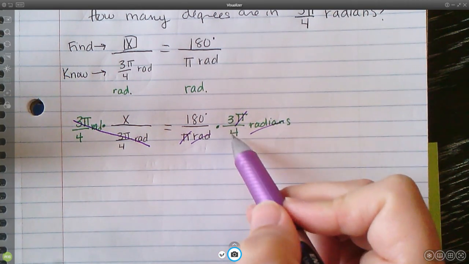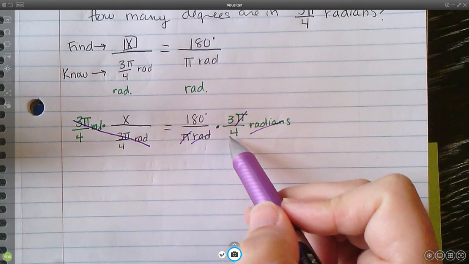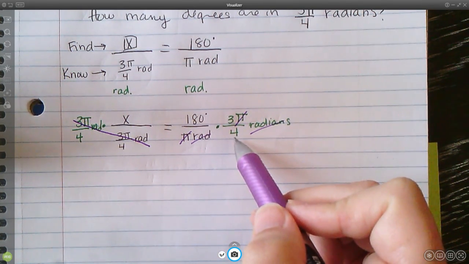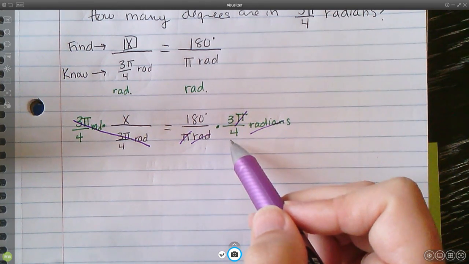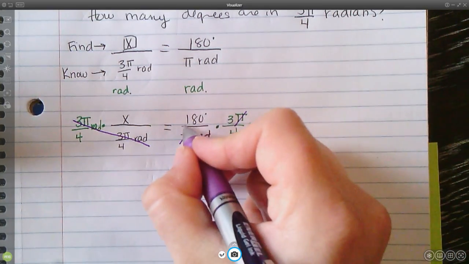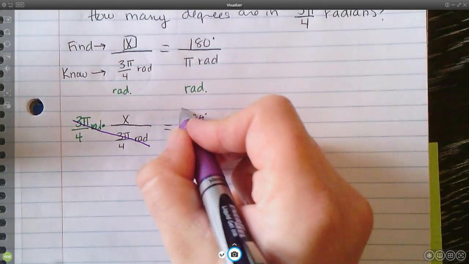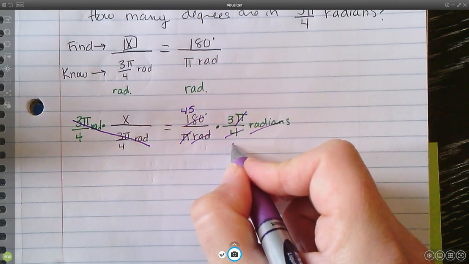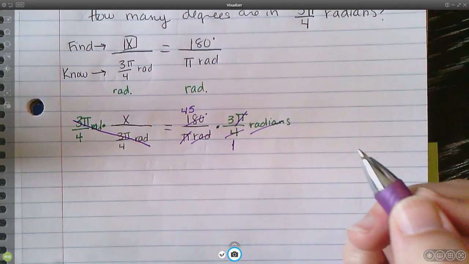And then 3/4 we cannot simplify, but we can simplify 180 over 4. If you take 180 divided by 4, you're going to end up with 45. So this crosses out and becomes a 45. This crosses out and becomes a 1.